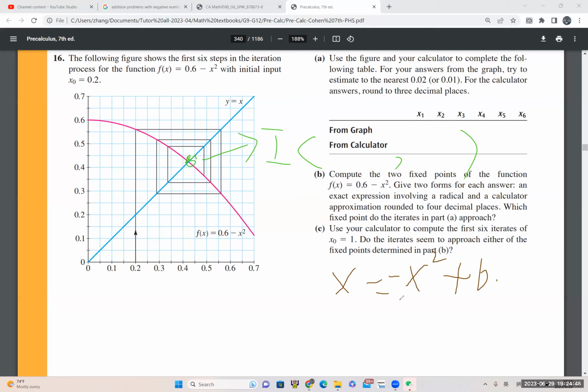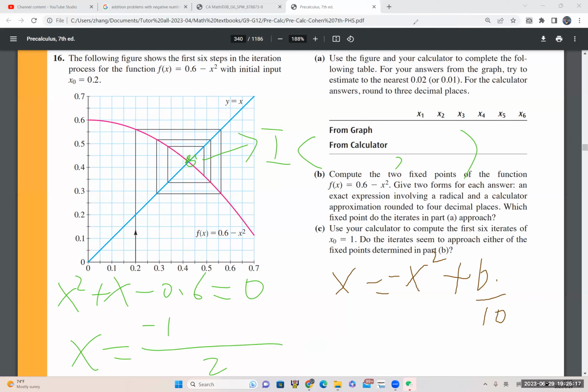Yeah, x equal to, okay, then solve it, right? Then it means x squared plus x minus 0.6 equal to 0, x equal to x squared.